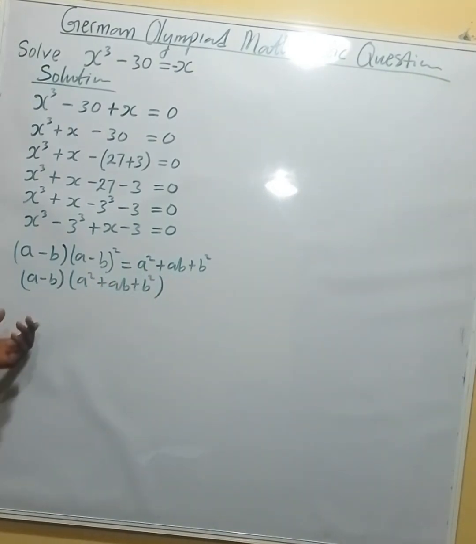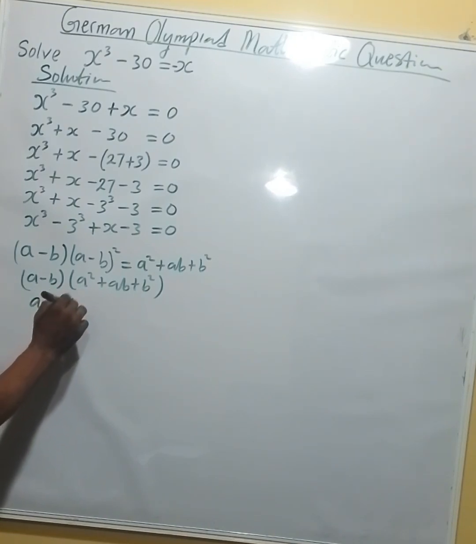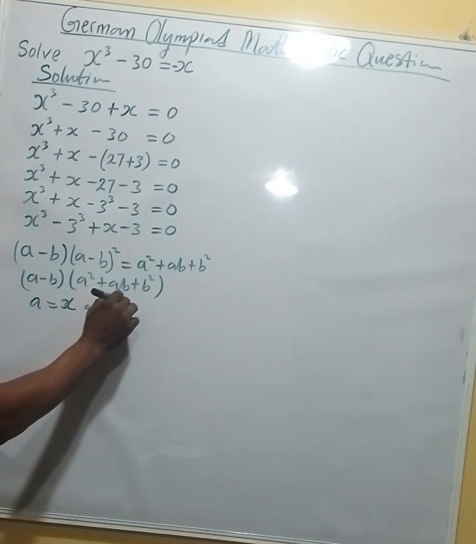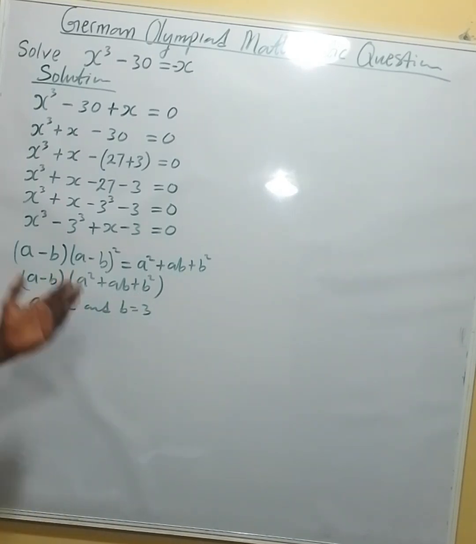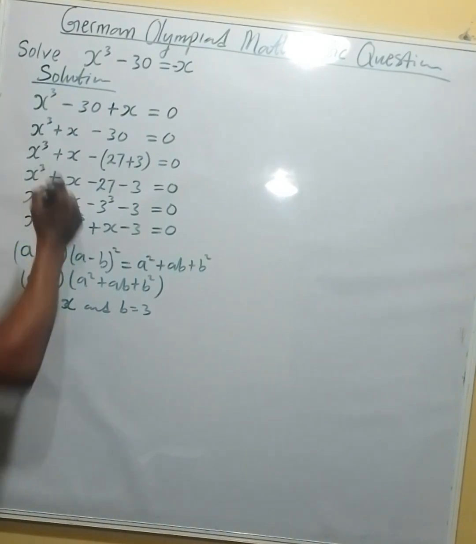That is telling us that we are working with cubes now. So you will substitute into x raised to power 3 minus 3 raised to power 3. Our a equals x and b equals 3. We will substitute into this formula.